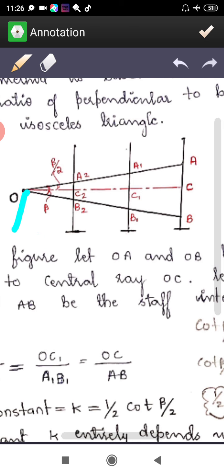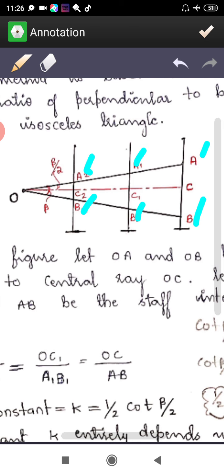Now let A2B2 and A1B1 be the staff intervals. If you take three staff positions, A2B2 and A1B1, similarly AB are the staff intercepts, evidently.